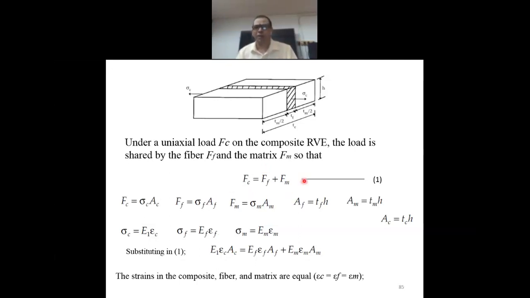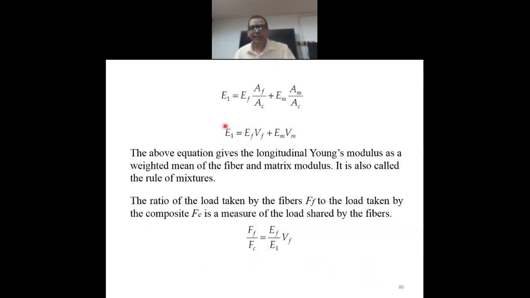Of course, this we have come across in our earlier discussion. And another one: in direction 1, as long as perfect bonding exists between the matrix and fiber, the strain is the same. Strains in the composite, fiber, and matrix are the same. So using these two concepts, the Young's modulus in direction 1 is arrived at.